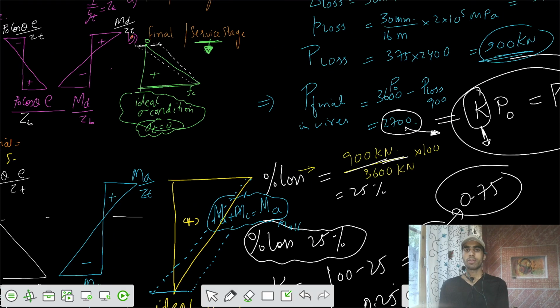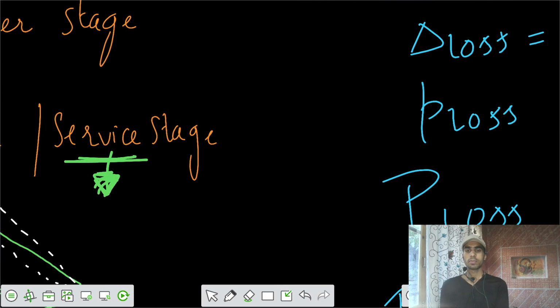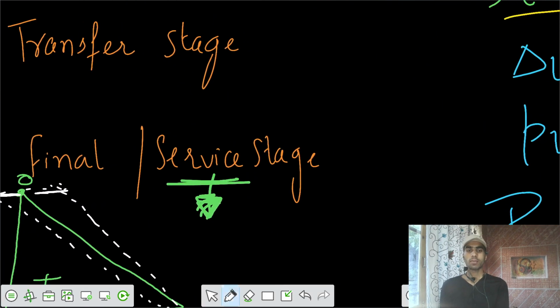So the final conclusion is that in the first stage, the transfer stage, we are transferring the stress from steel to concrete. At that stage there are losses, but we ignore them.